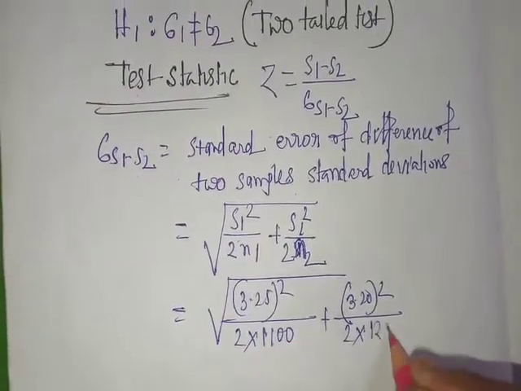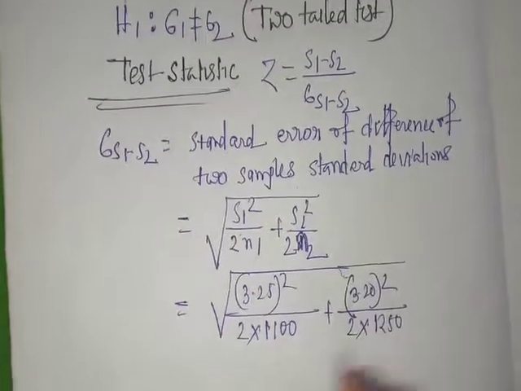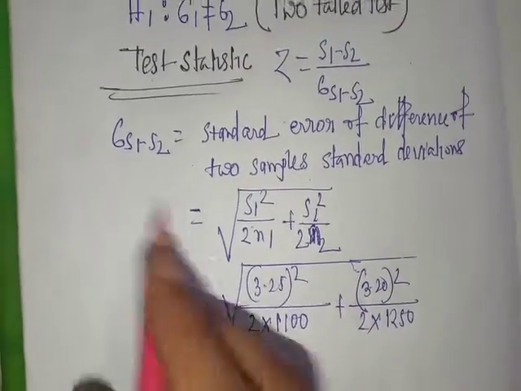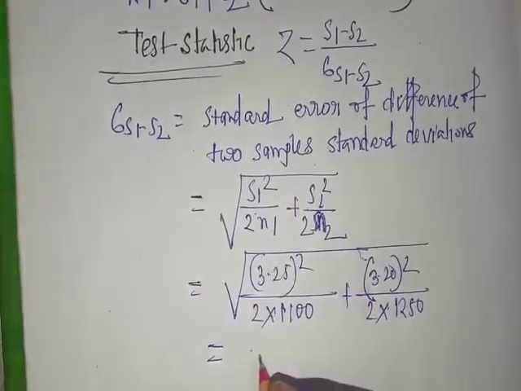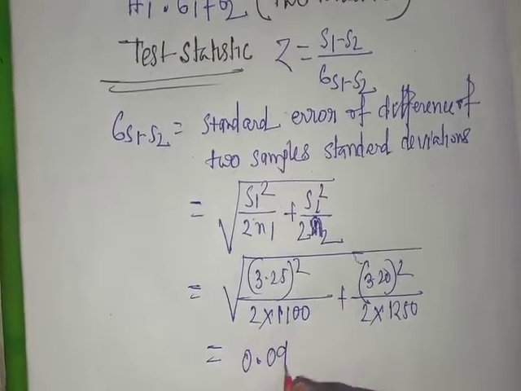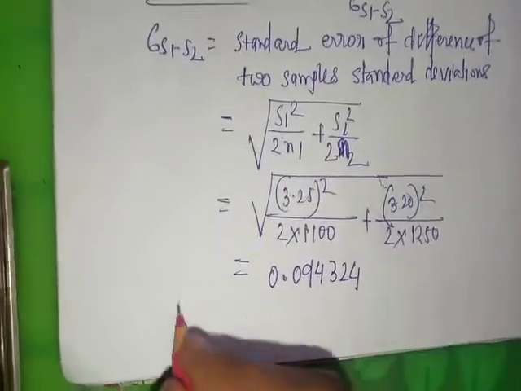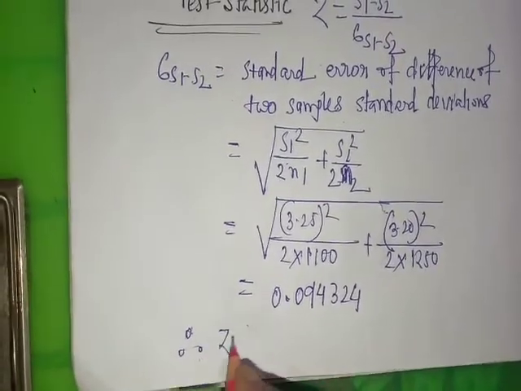After calculations we get the value of sigma of S1 minus S2 is 0.094324.